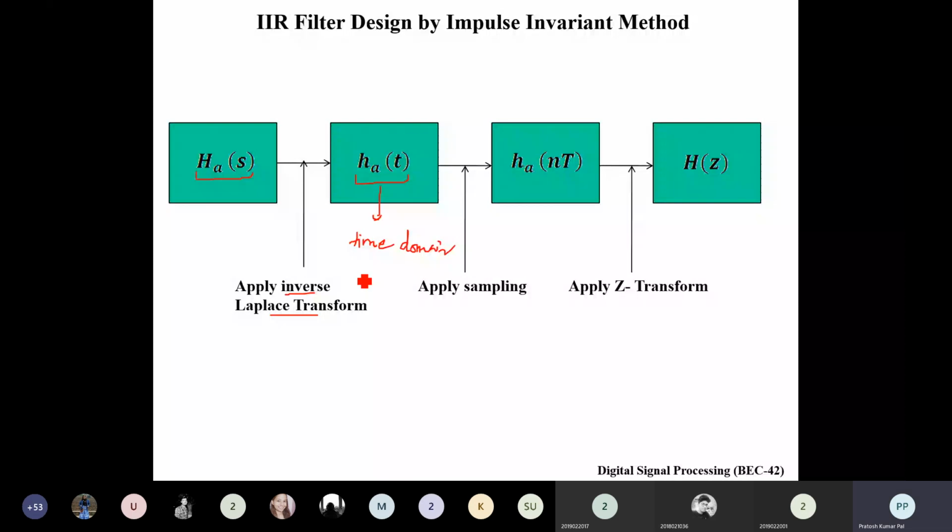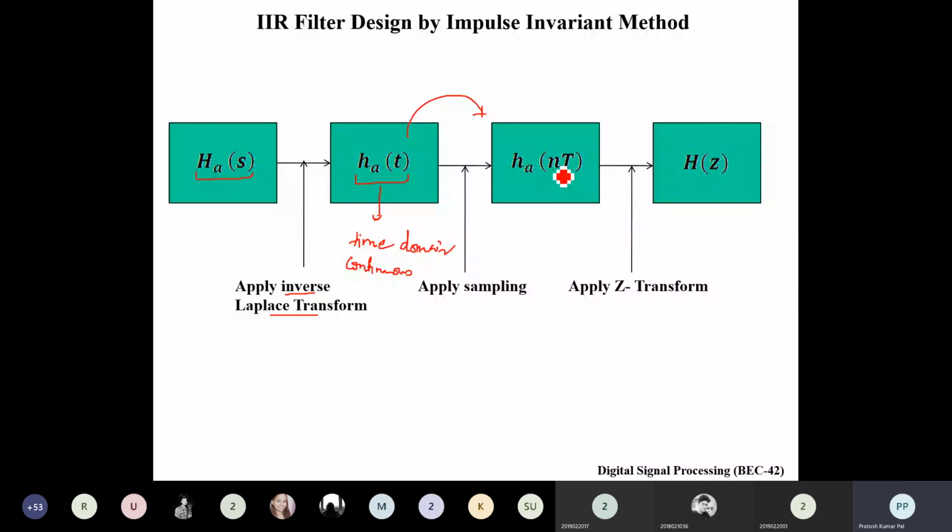To have a digital system, it should be in discrete or digital form. We will sample this to get h(n), where t will be replaced by nT. Here n will be an integer and T will be the sampling time.